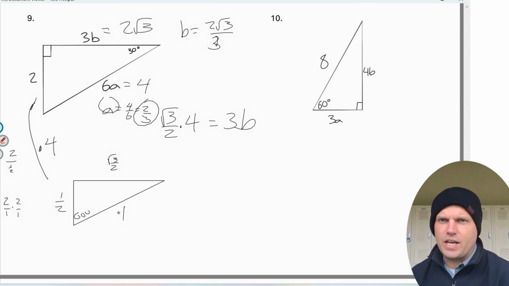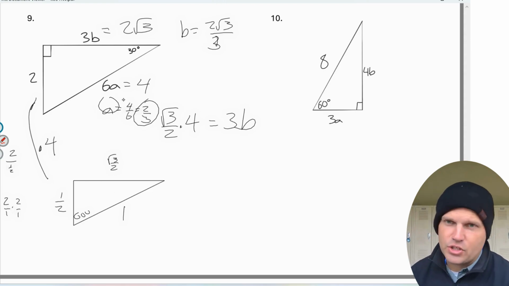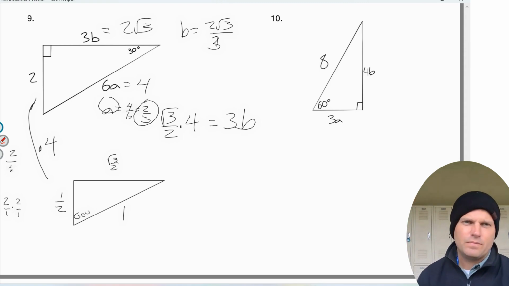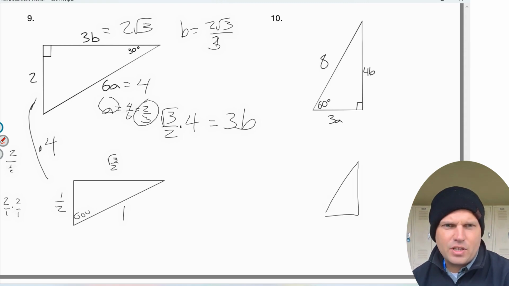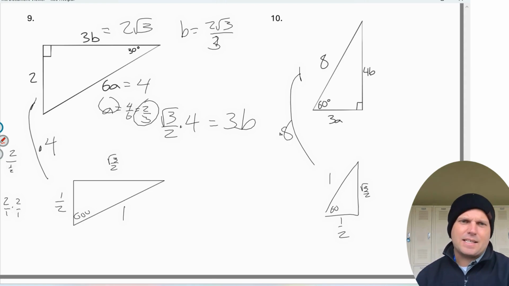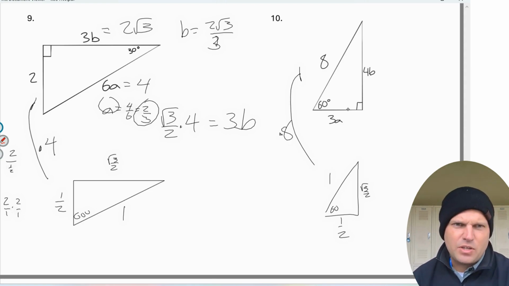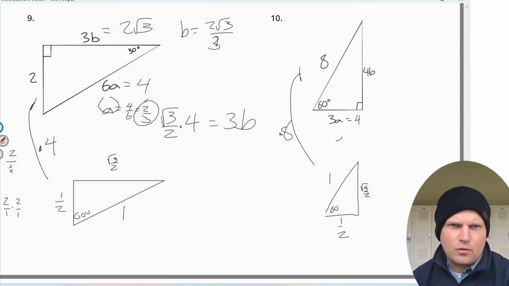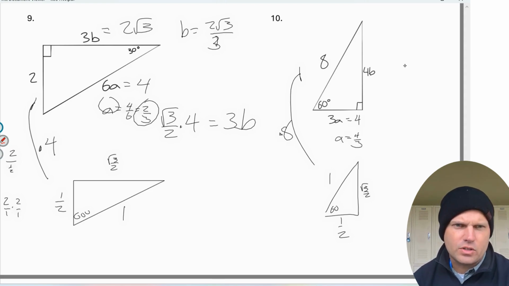Why? Because we take our smaller triangle and we scale it by multiplying by 4. What about this situation? This is easier. If this is the 60 degree, this is the root 3 over 2. This is the half. I'm taking the 1 and scaling it by multiplying by 8. So 1/2 times 8 is 4. 3a has to equal 4. A has to equal 4/3.